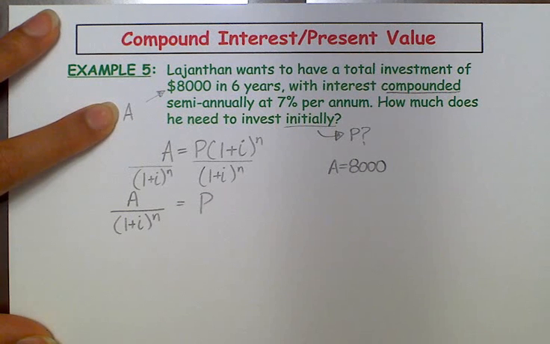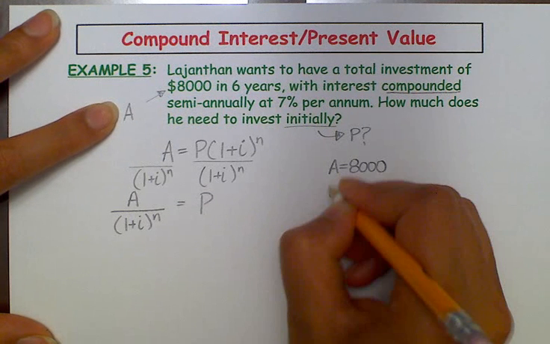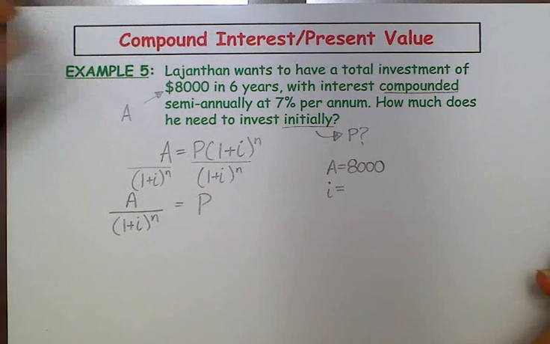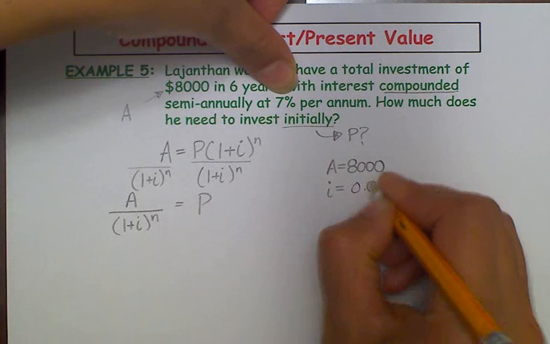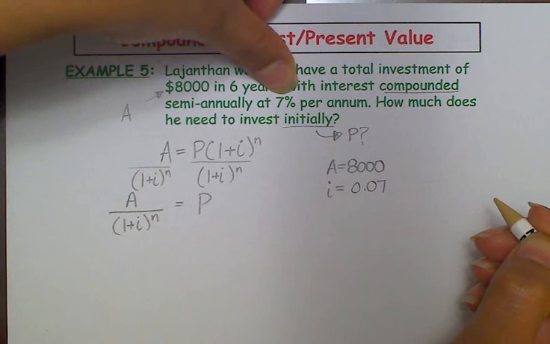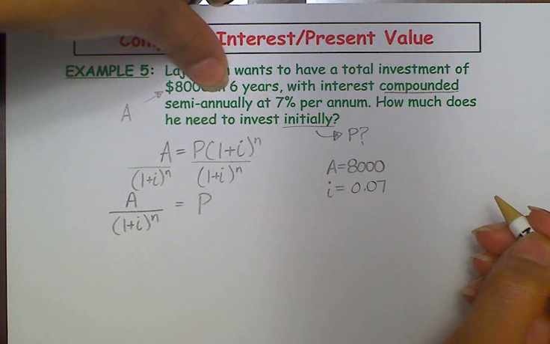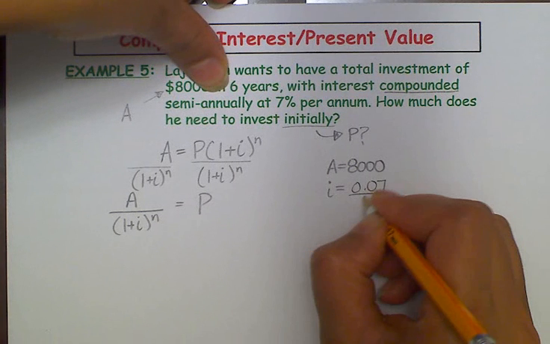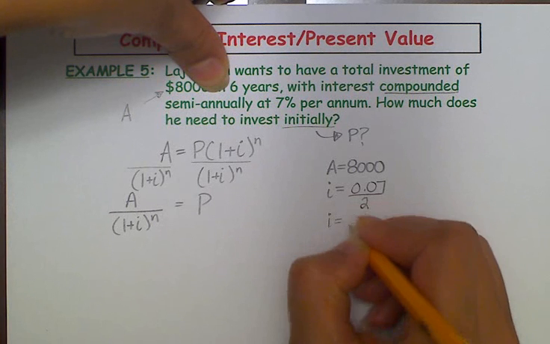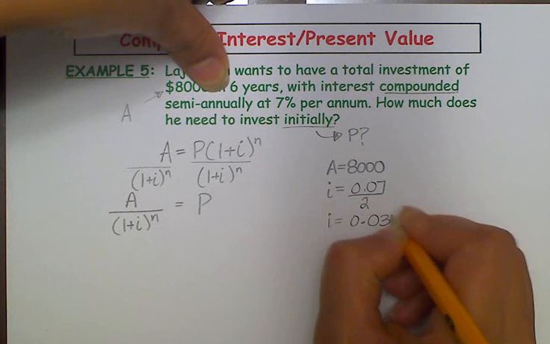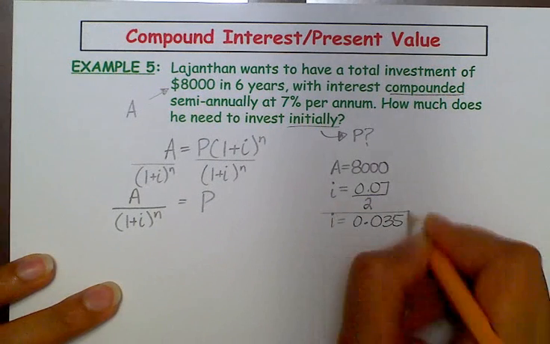Let's take a look at the interest rate. You're told that the interest rate is 7% per annum, so 0.07. And we're told that the interest is compounded semi-annually, so he's earning interest twice a year. The actual interest rate per compounding period would be 0.035, so we're going to be using this number.